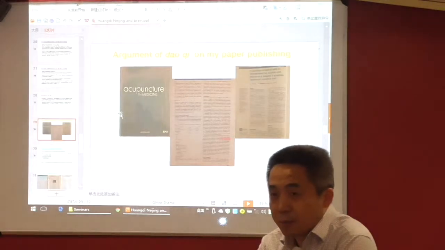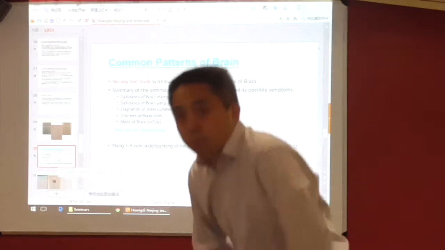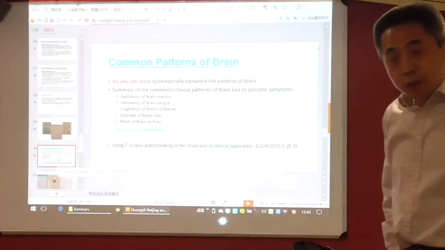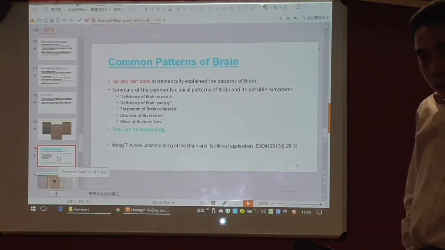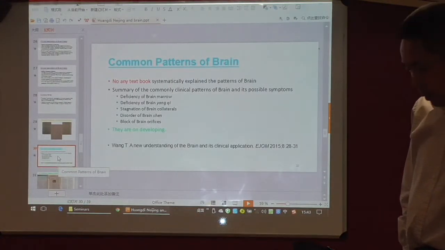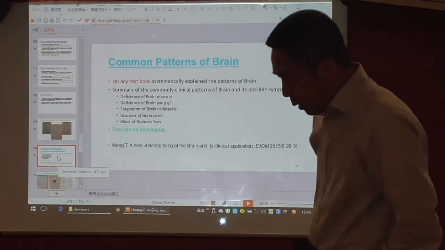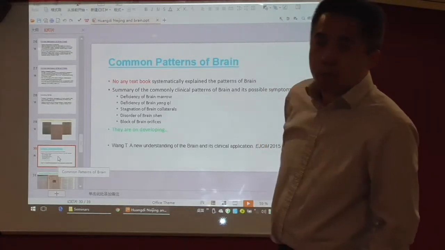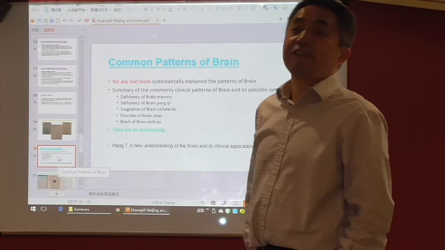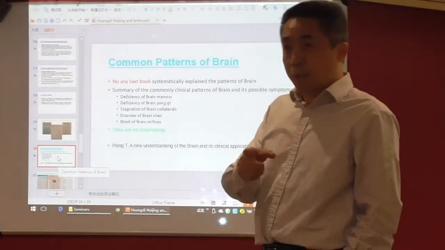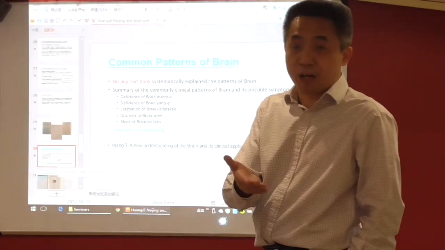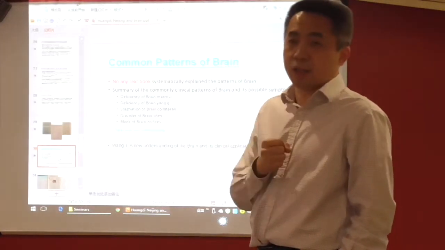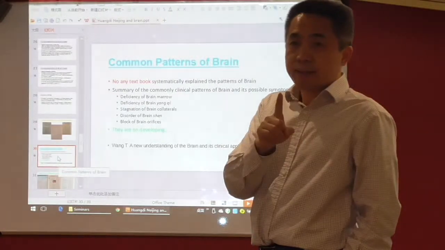Professor Wang, for those cases, how many treatments did you give them in total? It's very individual. Such as the case I mentioned yesterday, the acupuncturist with severe dementia or severe depression: in total I treated her 10 sessions.